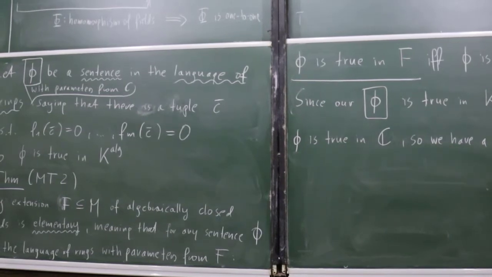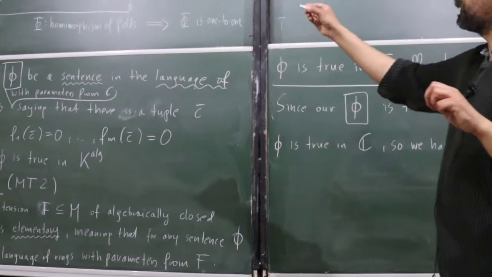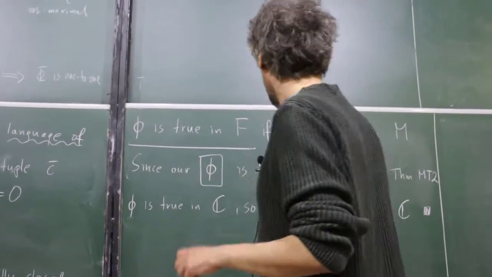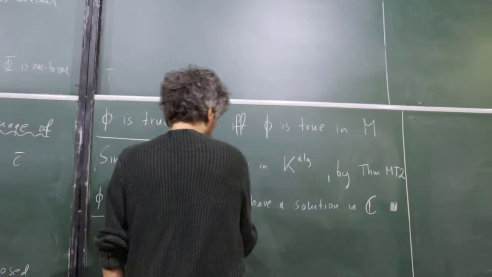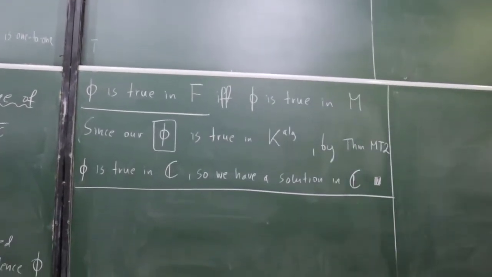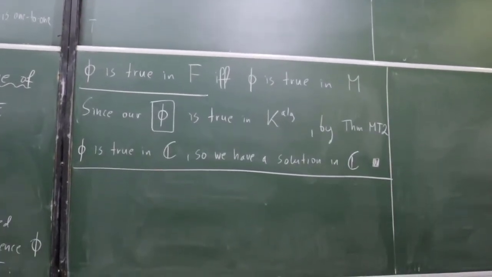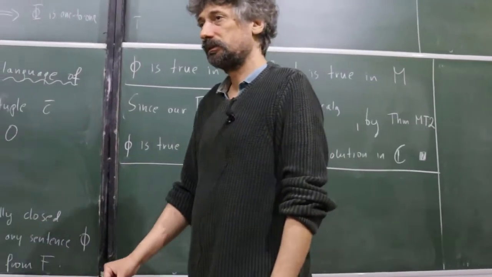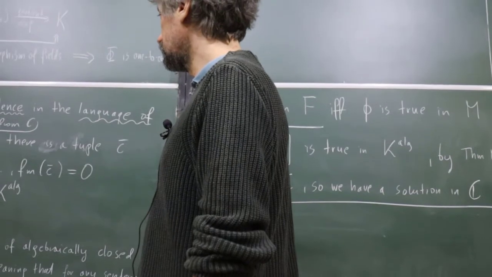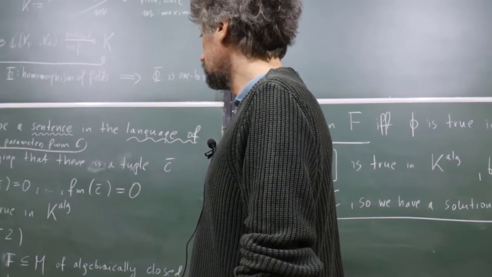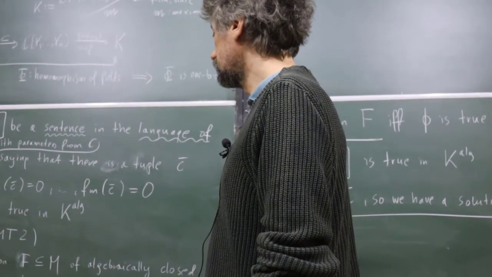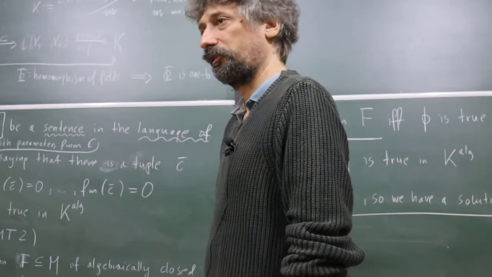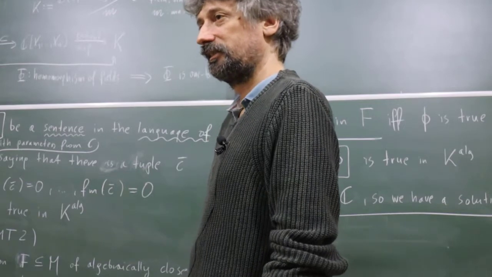So now we want to proceed to understand the statements and then to prove them, this MT1, MT2. The problem here is writing this sentence, right? We already found this A bar. We will write this as a first order sentence. The existence of A bar is a first order sentence.